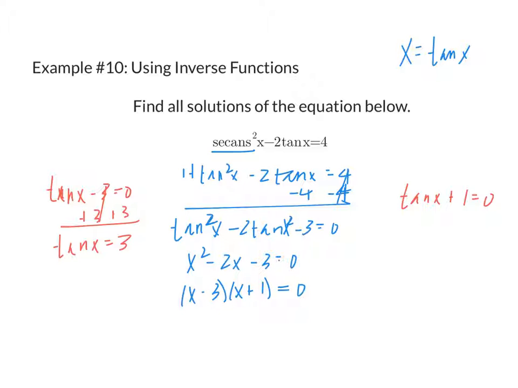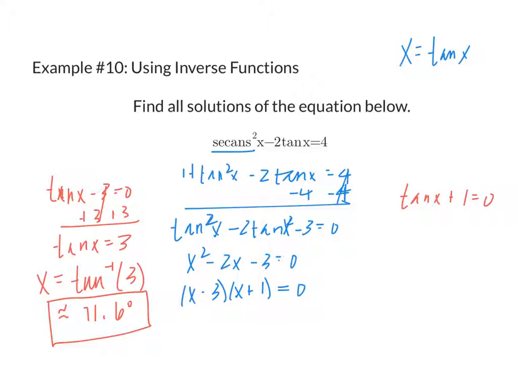But to find the actual angle, we would have to do the arctan, or the inverse of tan. So x would be the inverse tan of 3. In degrees, that would be about 71.6 degrees. So that's the first solution.